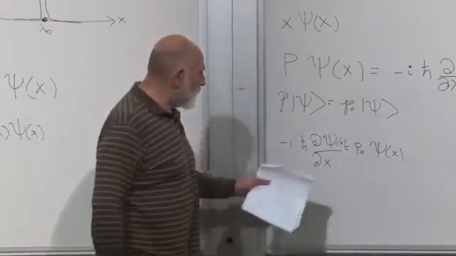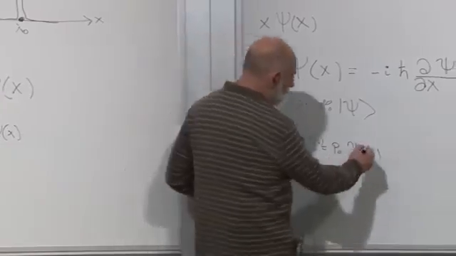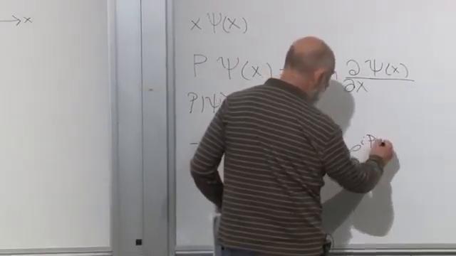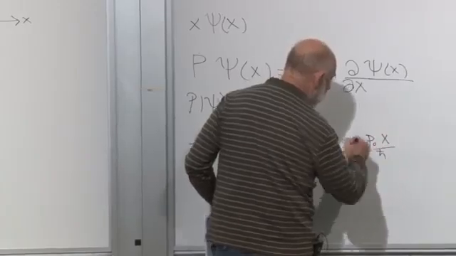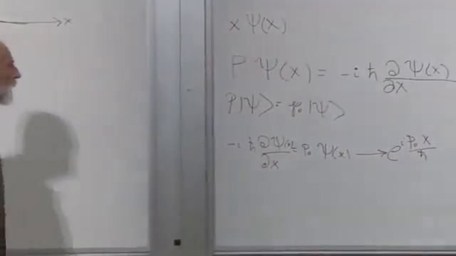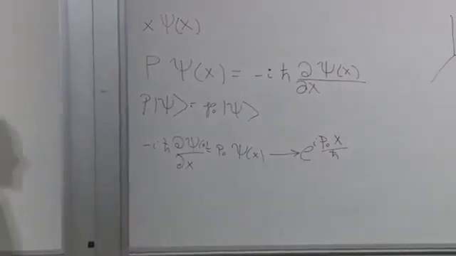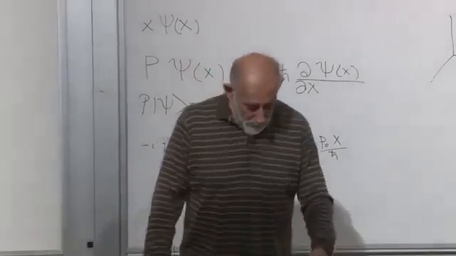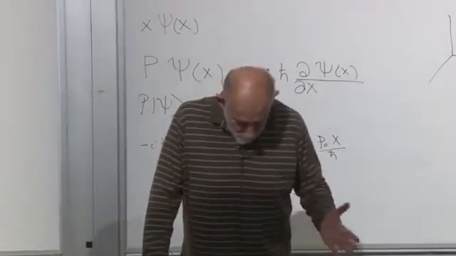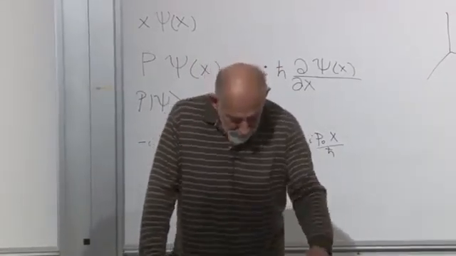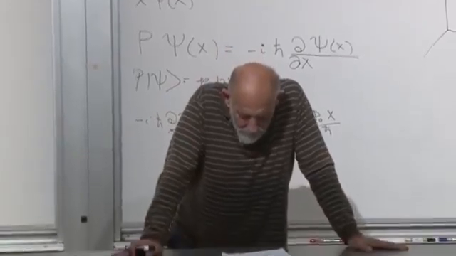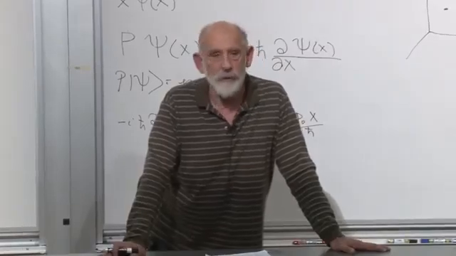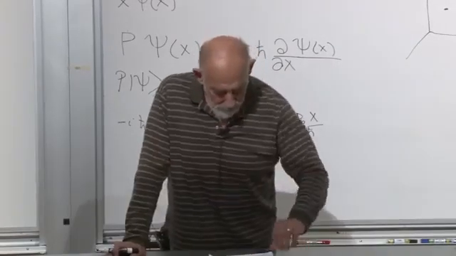The derivative of something is proportional to the something itself, and the solution of it is e to the i p naught x divided by Planck's constant. Now, I often get very tired of writing Planck's constant, and I often just set it equal to 1. We'll sometimes do that. In fact, I'll try to track it for the time being, but later on I may just drop it. And I think by the time I do drop it, I will have done it enough times that you'll know the right place where it goes.